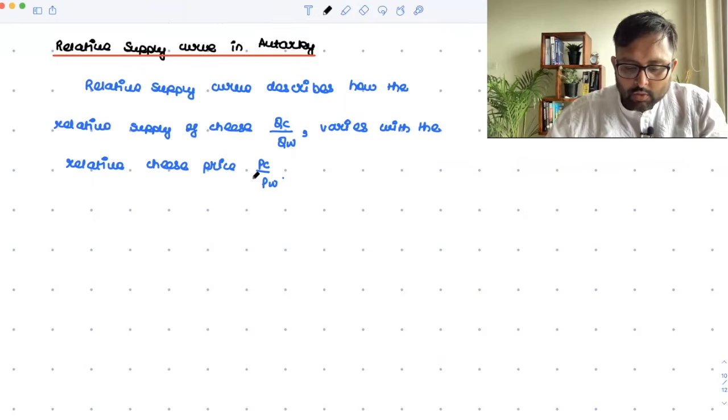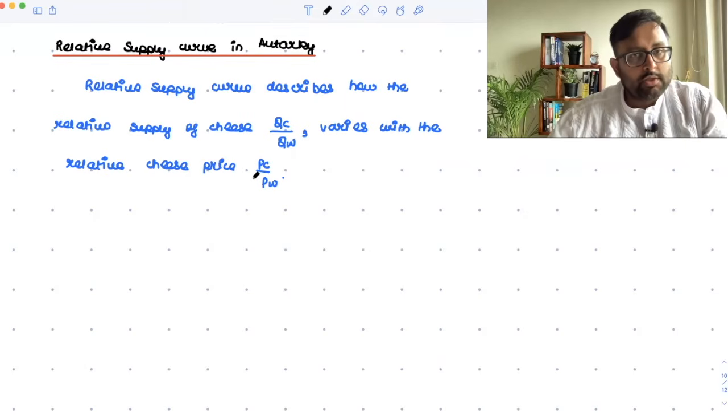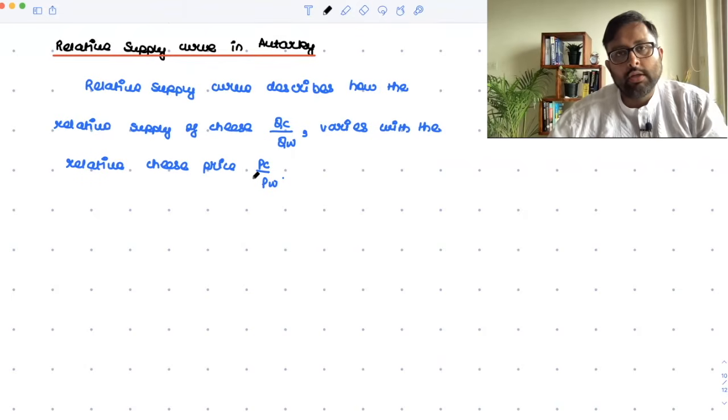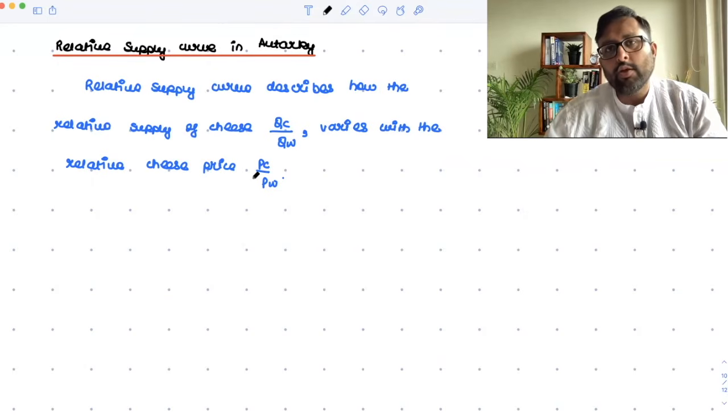So we are going to construct the relative supply curve in the autarky equilibrium according to one logic: workers are going to work in the industry which gives them the highest wage.